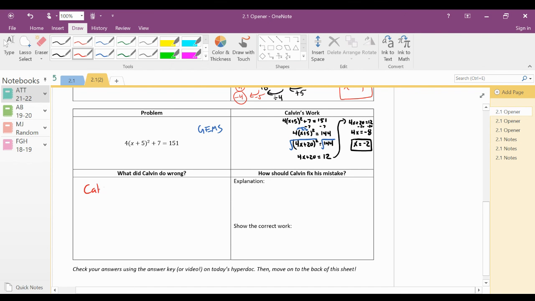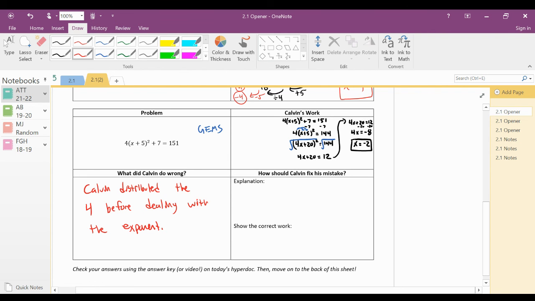So Calvin, unfortunately, distributed the 4 before dealing with the exponent. And you're not allowed to do that.